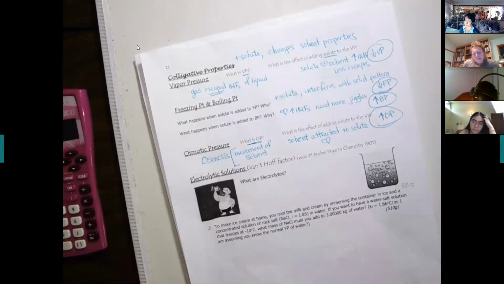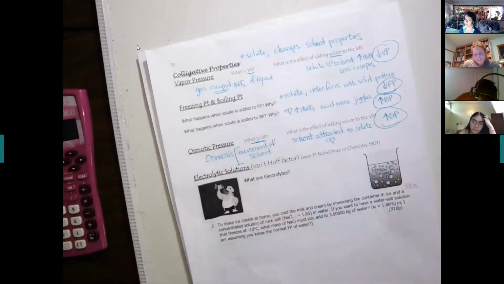So the solvent always wants to go towards the side that has the solute because it's attracted to the solute. If you have fresh water and salt water, the water is attracted to the salt water because the solute's there. Reverse osmosis is when you're trying to pull the water out of the salt water. So it is actually extremely energetically demanding, except there's actually some really cool innovations with it.